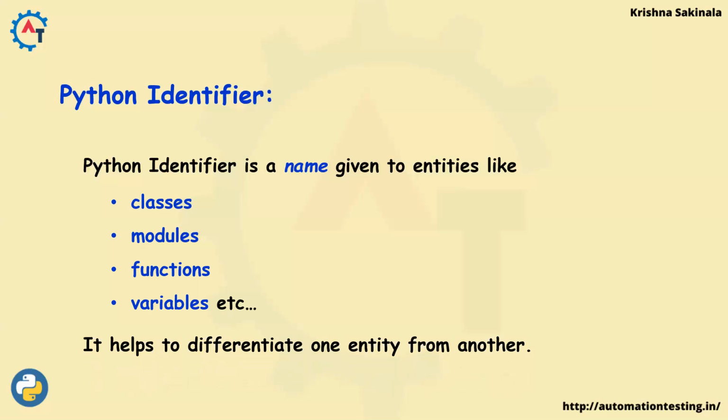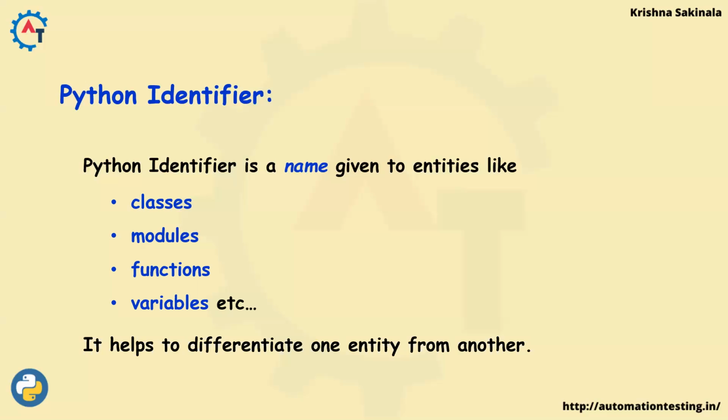If you write some code, that code comes under a class, a module, a variable, or a function; how will you differentiate that? For that, we will use some names. That is called a Python identifier.